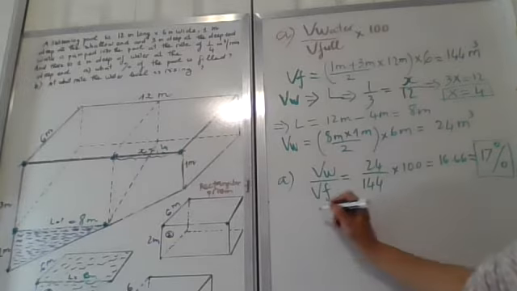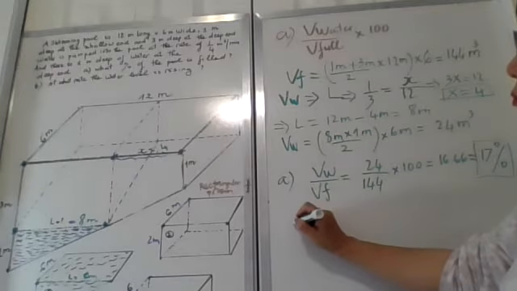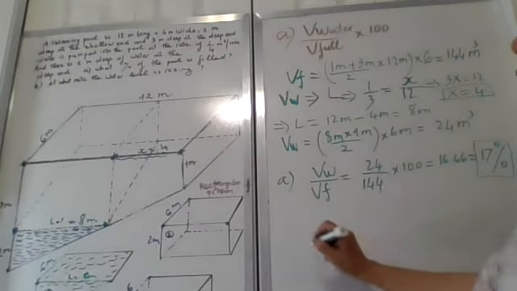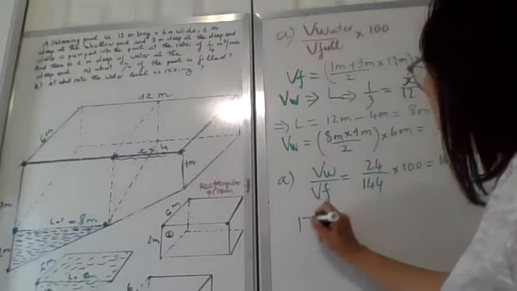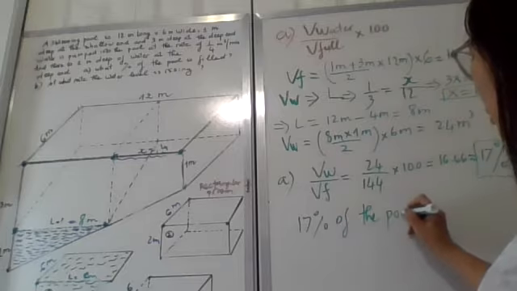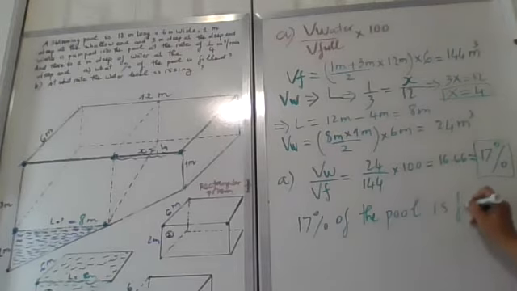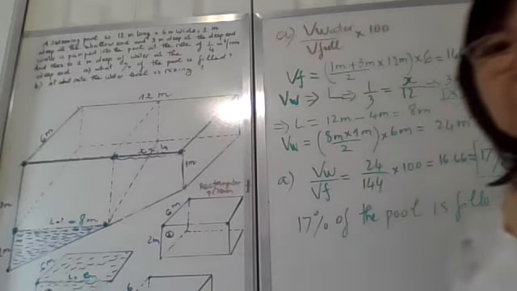So now we will answer what percent of the pool is filled. So we will say 17% of the pool is filled, right, with the water. So that's how we do A.